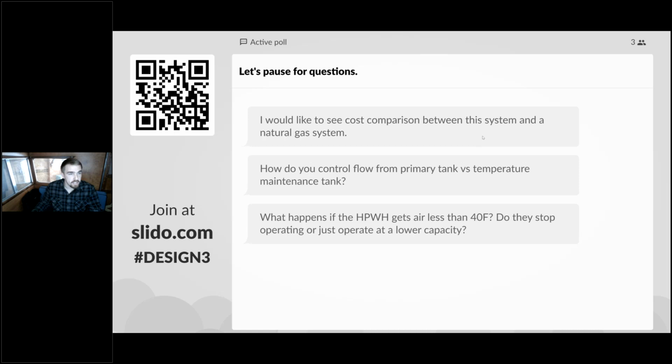And I would like to see a cost comparison between this system and a natural gas system. Yeah, that's information I'm not working on personally, but we are working on getting a better comparison, because that's a big pain point here, the comparison between gas and electric. There are a lot of different factors.